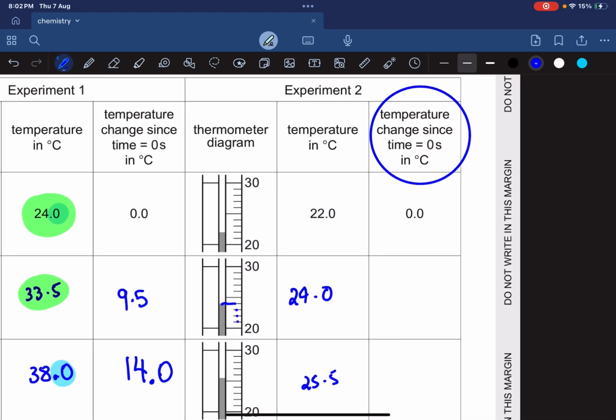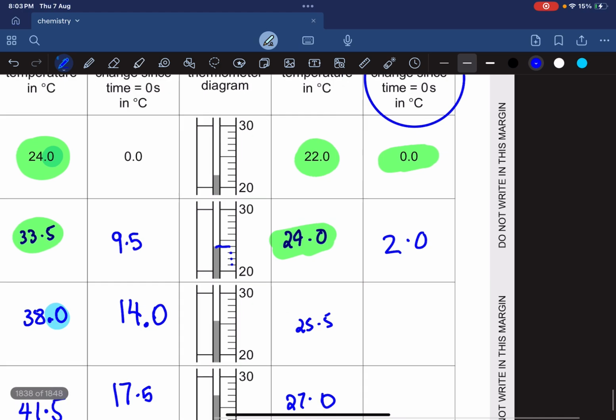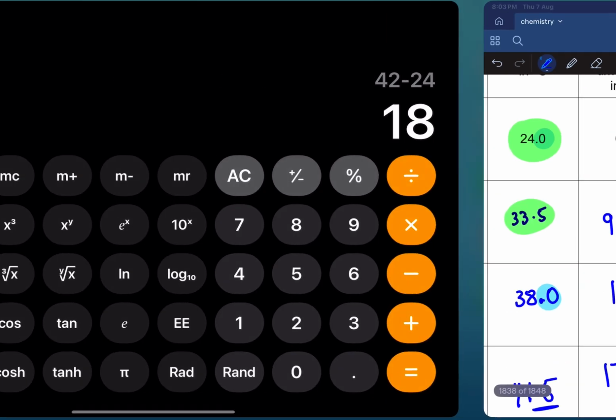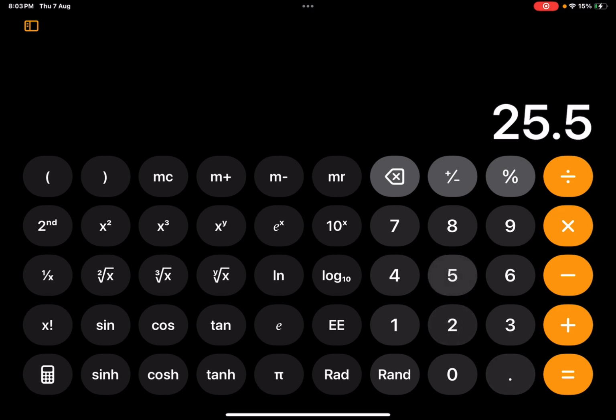And now what we have to do is, because we have to calculate the temperature change since time 0, we just have to subtract the initial temperature, which was at time 0, from the next temperatures. Okay, so it's going to be 24, it's 2.0, that's going to be 3.5. Let's use a calculator because I don't want to risk anything.